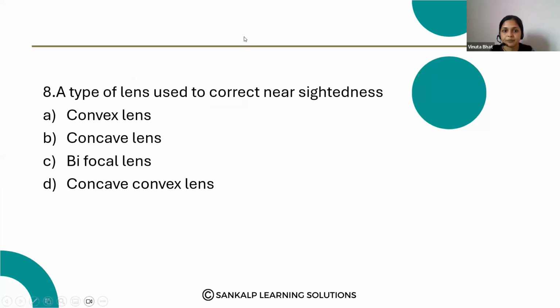Next question. A type of lens used to correct nearsightedness is convex lens, concave lens, bifocal lens, or concave convex lens. Nearsightedness is also called myopia. In myopia, the image forms in front of the retina.